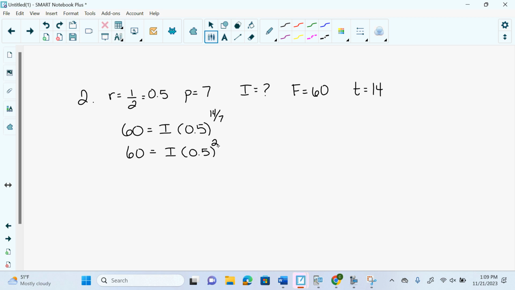So I have 0.5 squared being multiplied by I. How do I move it over? Divided. Perfect. So I equals what?